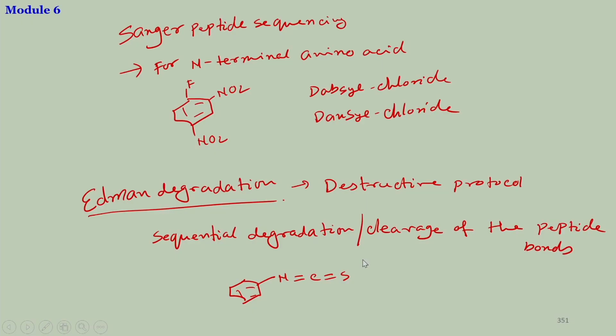Similarly, to sequence a peptide, the machines are pre-programmed, and they cleave the peptide bonds one after the other, and the cleaved part is eluted out every time and determined by some characterization technique, usually mass spectrometry. So, very briefly, we have seen how the Edman degradation method works.